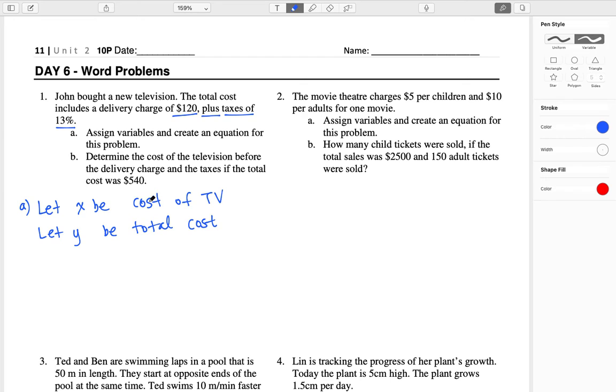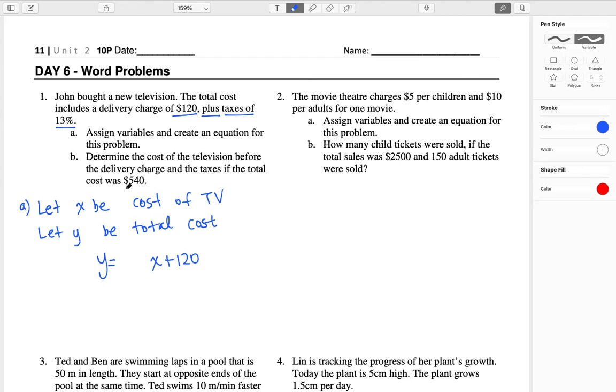So if we have to write this, we have y is equal to x plus 120, because the delivery charge is sort of like a one-time fee. And then you are paying taxes of 13%.